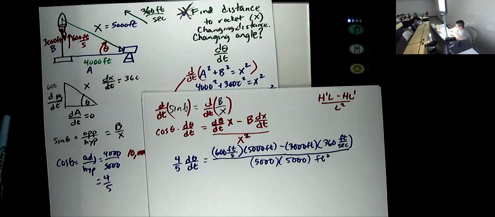So I've got feet squared per second on top, feet squared on bottom. The units are going to end up being 1/s.